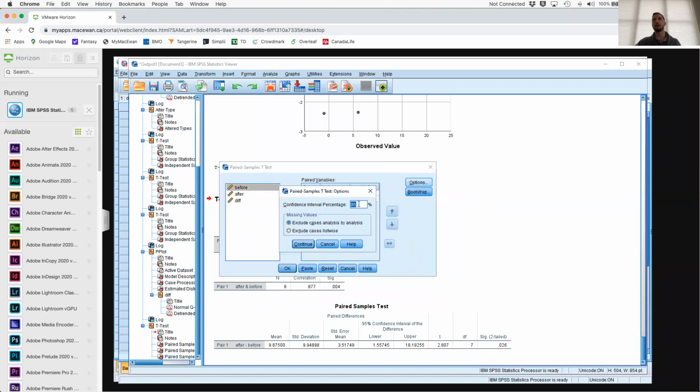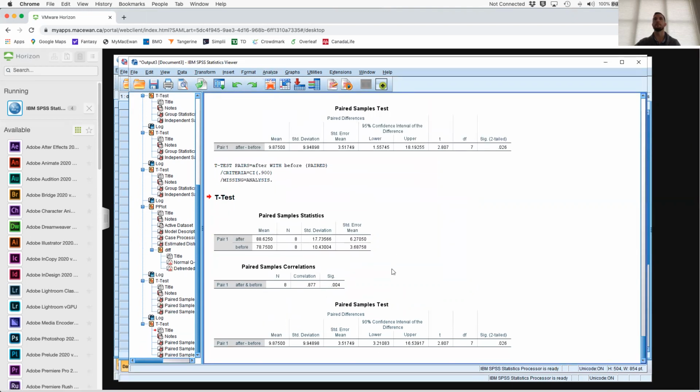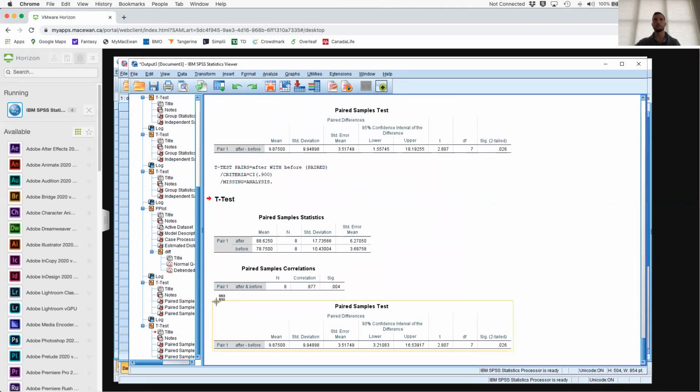And in the options category, we're just going to change our confidence interval percentage to 90. So this is the same idea as with the independent sample t-test and as with the one sample t-test. So to select the confidence levels, once you have set the test up, you click option and then you input the level that you want. So in this case, 90%, we click OK.